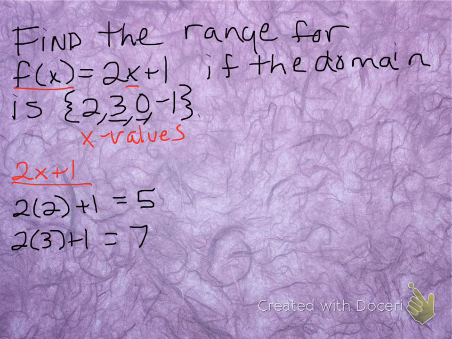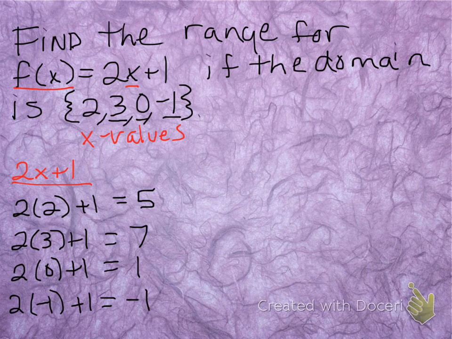My next value is a 0, so I'm going to take 2 times 0 plus 1. 2 times 0 is 0, plus 1 gives you 1. My next value is a -1, so 2 times -1 plus 1. 2 times -1 is -2, plus 1 gives you -1.